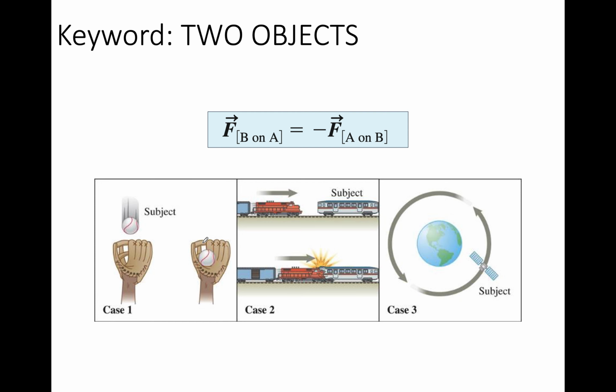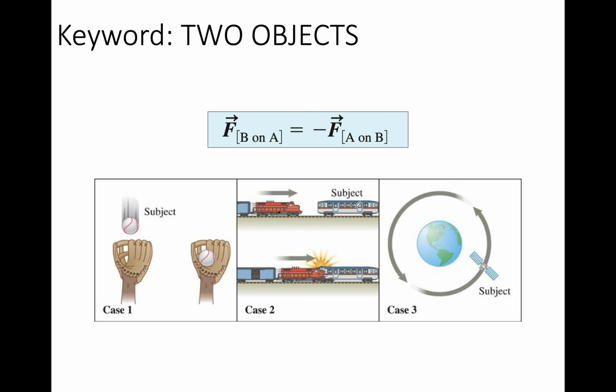And we have Newton's third law phenomena everywhere. For example, a baseball game. When the catcher catches a baseball, there's a force from the baseball on the hand, and then there is a force from the hand on the baseball.